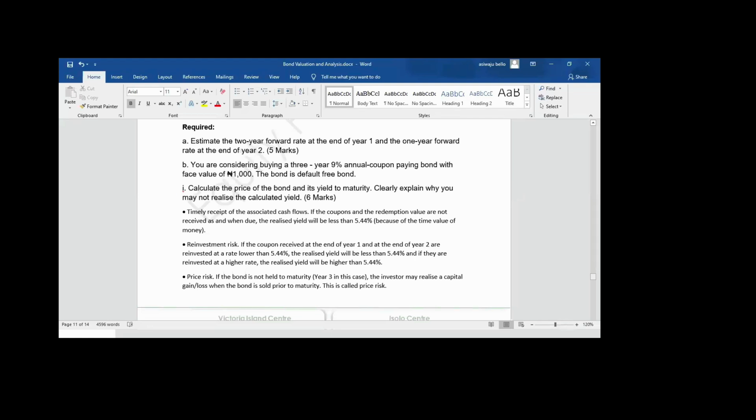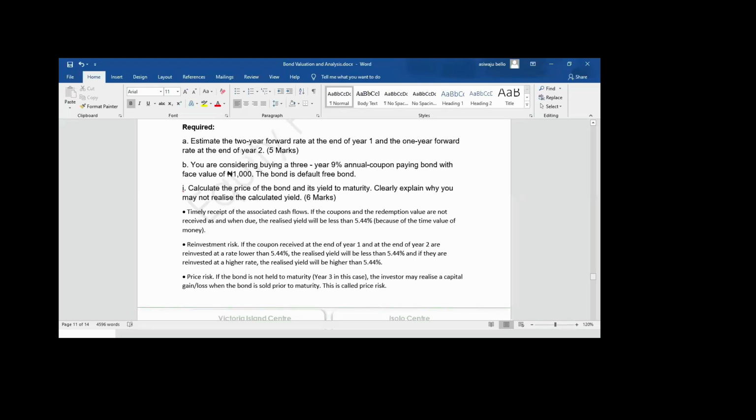Calculate the price of the bond and its yield to maturity. That means in that B Roman figure 1, I'm going to do 2 calculations. I'm going to calculate the price of the bond, that is the market price of the bond. I'm going to calculate the yield to maturity.